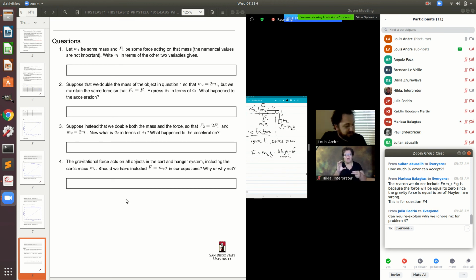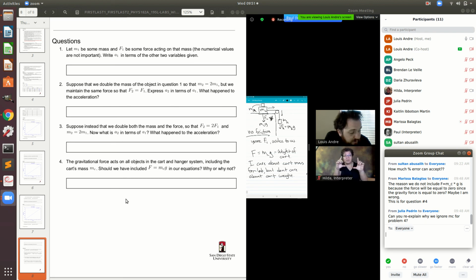Okay, so I care about cart mass for lab, but I don't care about the weight. Now, the reason why I don't care about the weight is because the weight is this Fc right here.